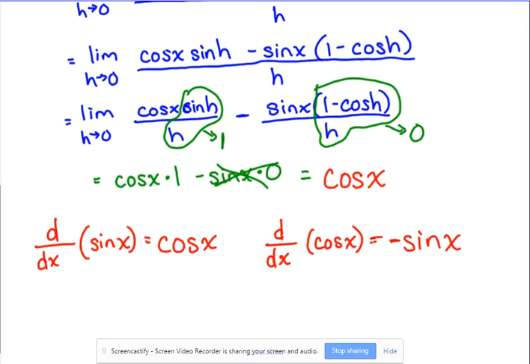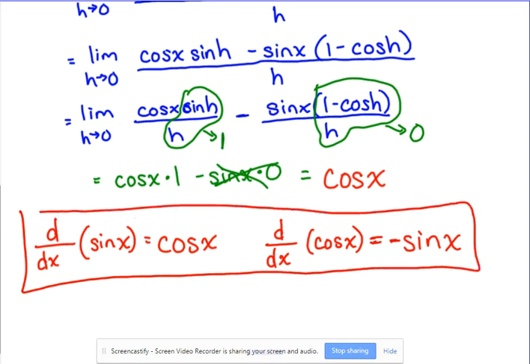Again, you will not have to derive these derivatives. From this moment forward, you can just use the knowledge that we have attained here. When you see the sine of x and you're asked for its derivative, you automatically jump to cosine of x. When you see cosine of x and you're asked for its derivative, it's automatically negative sine of x.